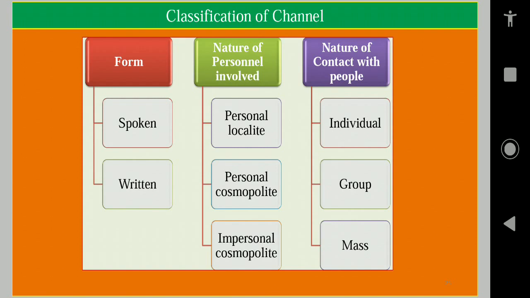Then come to impersonal cosmopolite. Impersonal means what? Impersonal means that is not a person. Okay, and cosmopolite means outside the social system of your receiver. So here the channels of communication are from outside the social system of the receiver, and at the same time no personal face-to-face contact is involved.